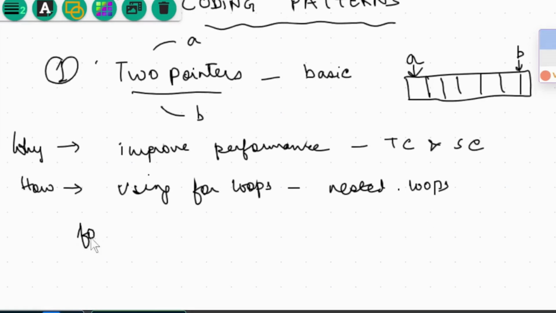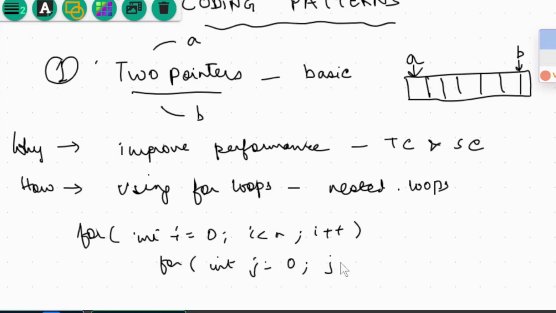We have a for loop, int i equal to 0, i less than n, and i plus plus. Inside this we have another loop, int j equal to 0 or 1, whatever, again j less than maybe n or i, and then j plus plus.